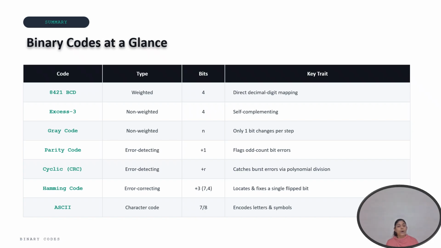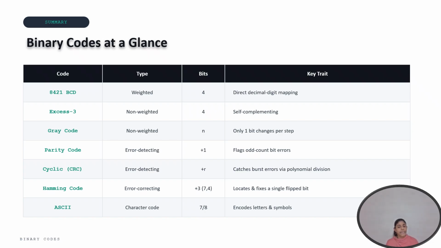For parity code, you are appending one bit to your message bits, so plus one is added. While doing that, if the number of ones is even, we call it even parity. If the number of ones is odd, we call it odd parity. It flags odd-count bit errors.